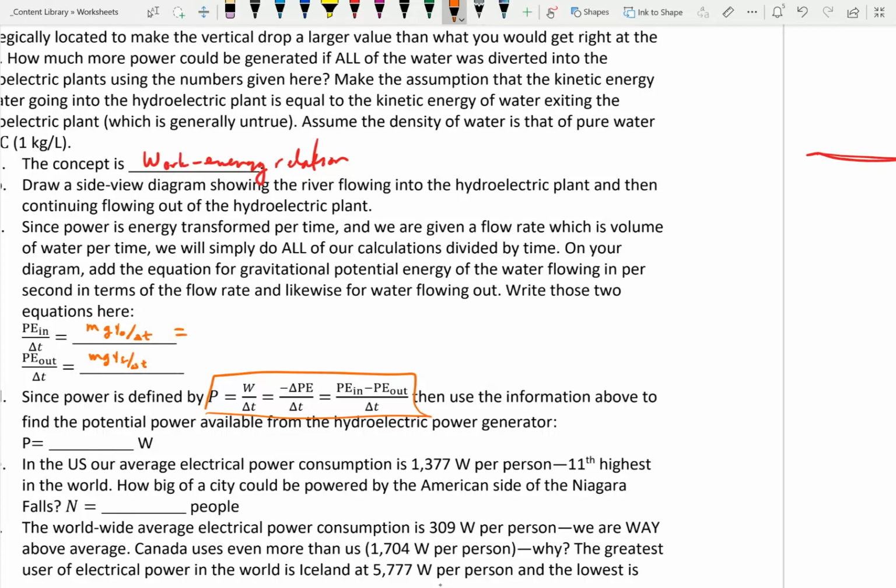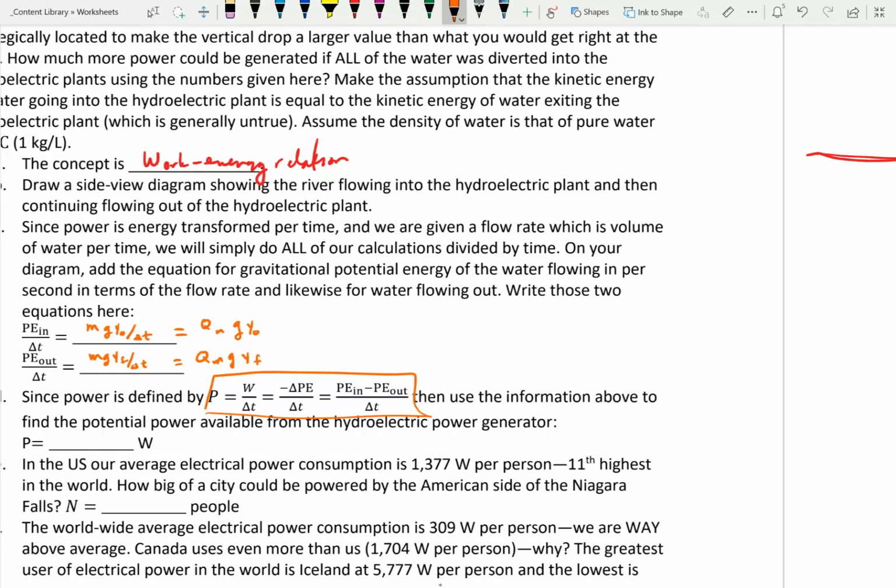But mass over delta t is my mass flow rate. So there I have found the power in and the power out, if you will. And they both depend on the flow rate Q, g, and of course the elevation.